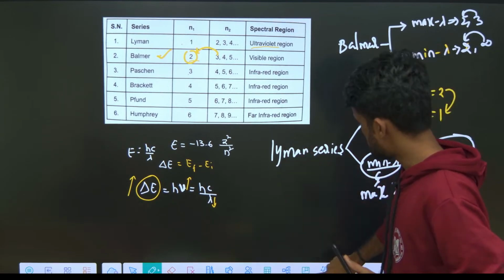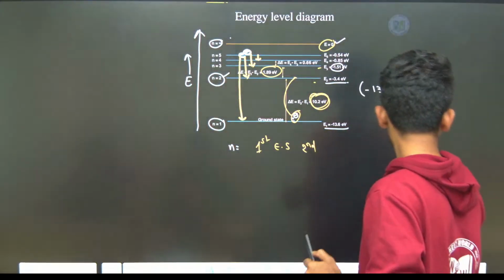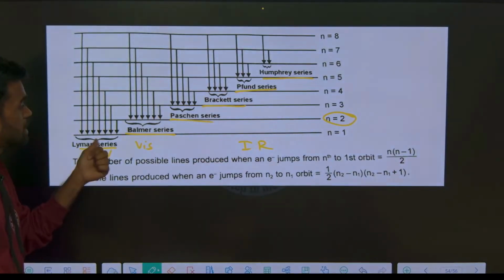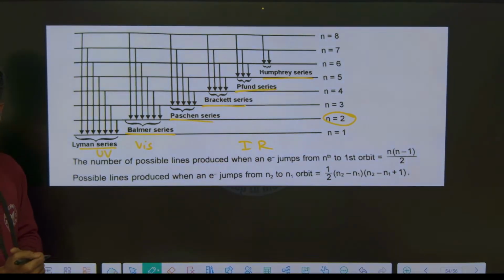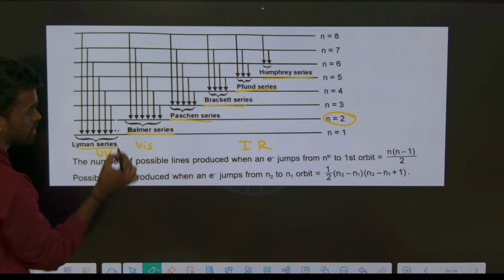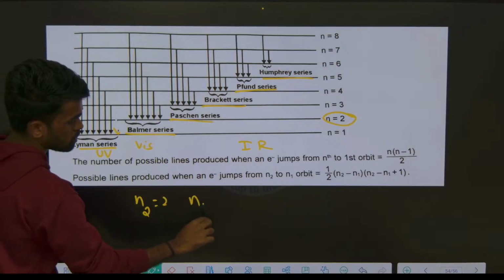And some other lines are also to be discussed here. What is the first line in the Lyman series? For the first line, n2 should be 2 and n1 should be 1.